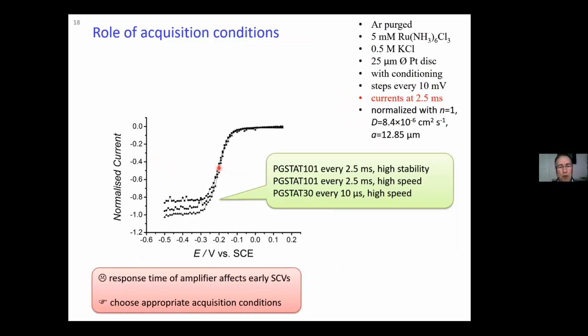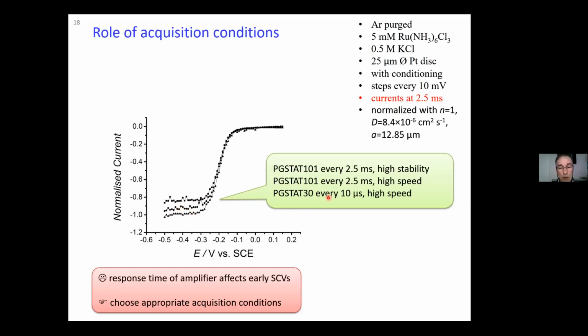The other important aspect is the acquisition conditions. So these are sample current voltammograms taken at 2.5 milliseconds with 3 different conditions. The PG-start 101 with a high stability mode gives us this limiting value, which is obviously too small. The PG-start 101 at high speed mode gives us a value which is much more reasonable.